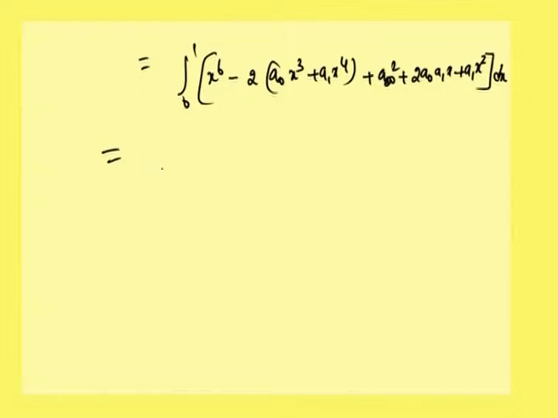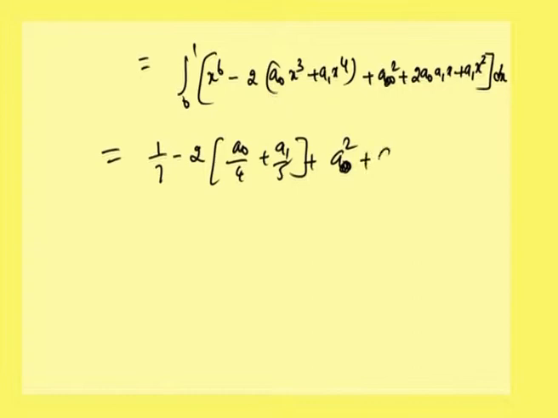After integrating and substituting the limits, we get 1 by 7 minus 2 into a0 by 4 plus a1 by 5 plus a0 square plus a0 a1 plus a1 square by 3. This has to be minimum.